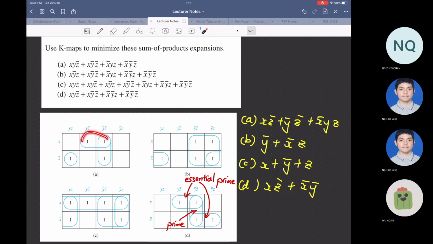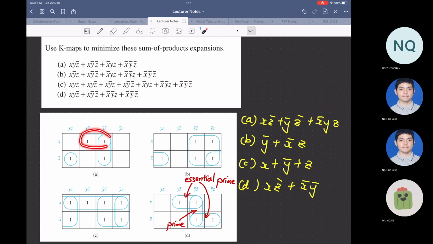So that means we need to check all these blocks. First, this is the only implicant. This implicant is S bar YZ. So you get this term here.